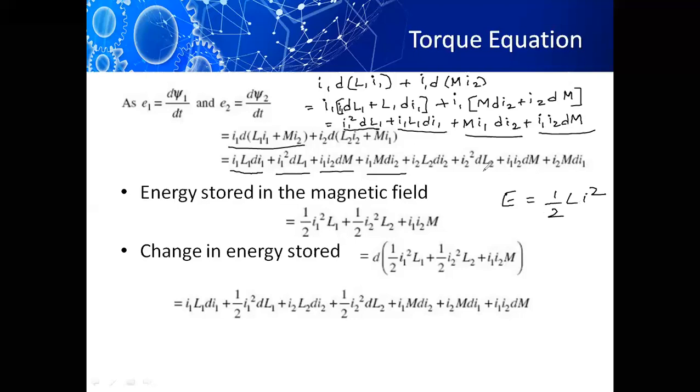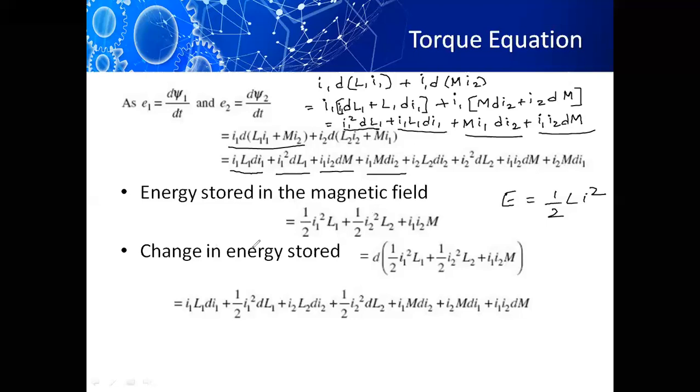So applying the same formula, because we have L1, L2 and M, in L1 the coil has current I1 flowing, for L2 we have current I2 flowing, and for the mutual inductor we have currents in the fixed coil as well as the moving coil. Hence we place it in this manner.